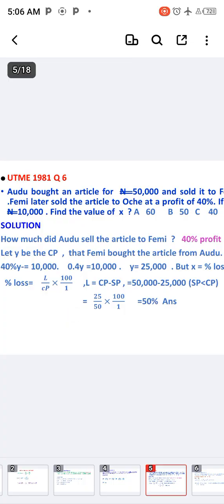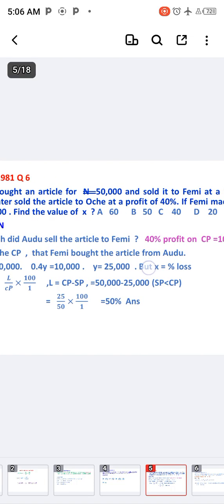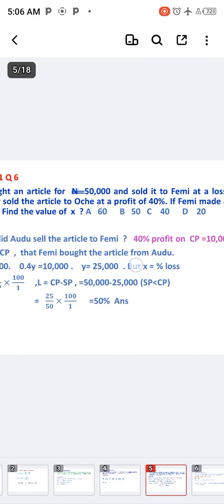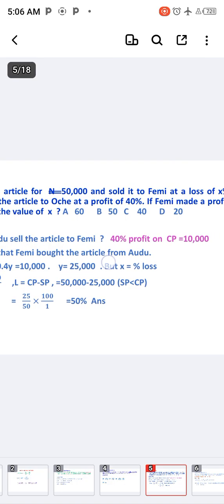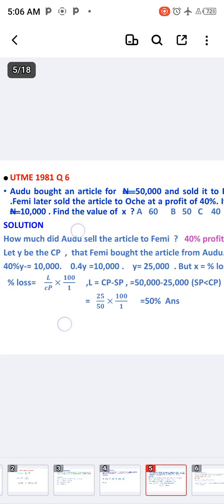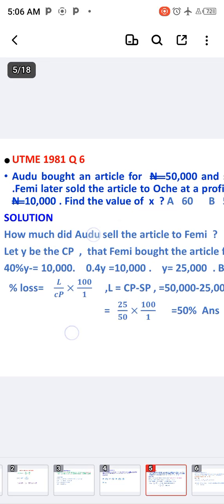It is not known. But what is known is 40% profit on cost, which is equal to 10,000. So to solve this question, let Y be the cost price at which Femi bought the article from Awudu.